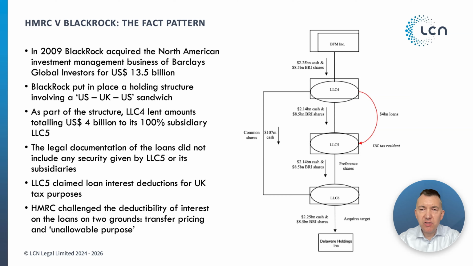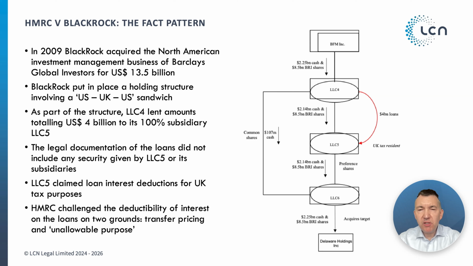So as part of this structure, LLC5 claimed loan interest deductions for UK tax purposes, and unsurprisingly, HMRC challenged the deductibility of interest on the loans, and this was on two grounds. The first ground being transfer pricing, and the second being unallowable purpose. So in this short discussion, we'll only look at the transfer pricing considerations here.